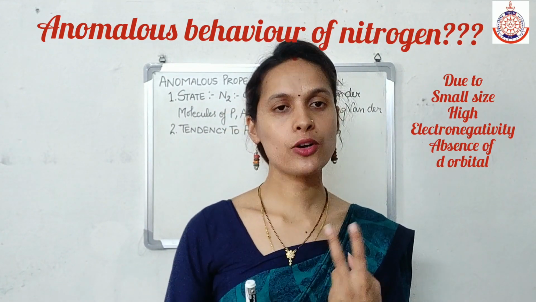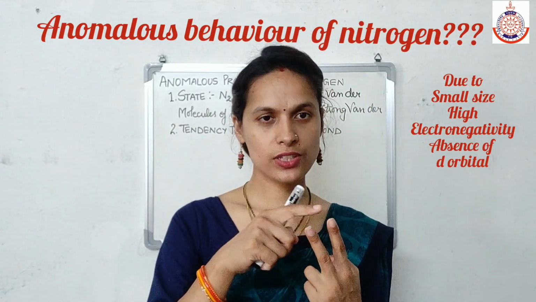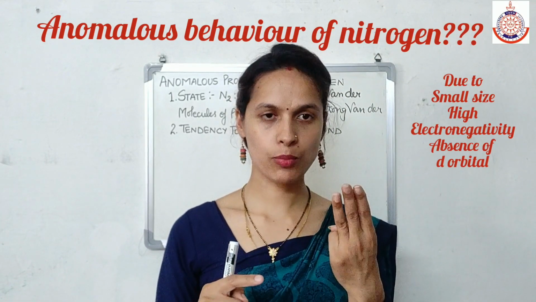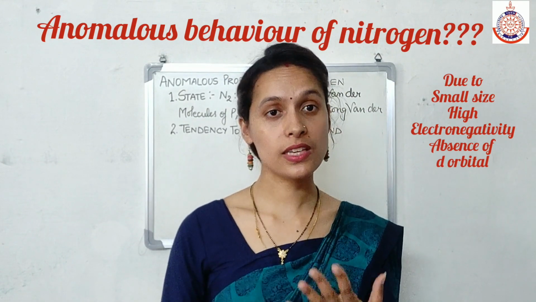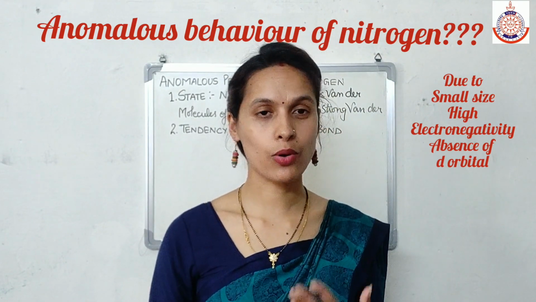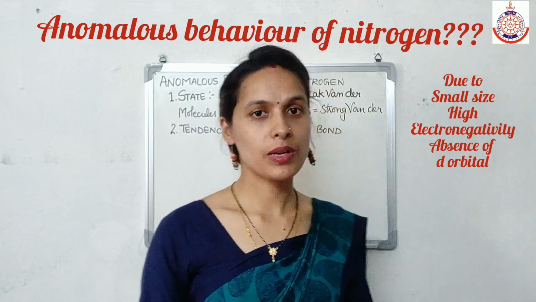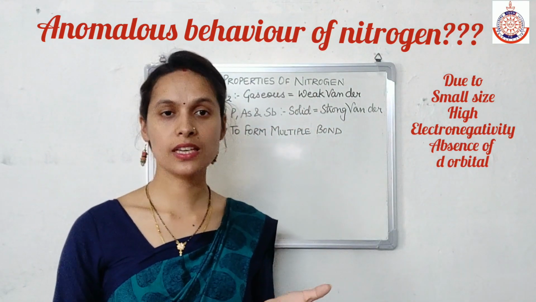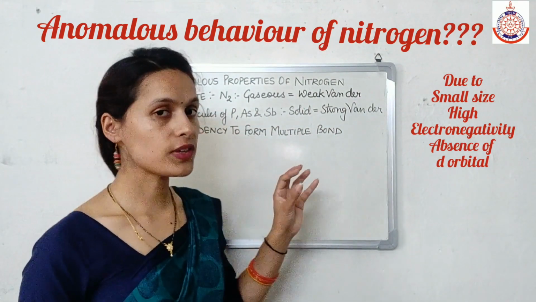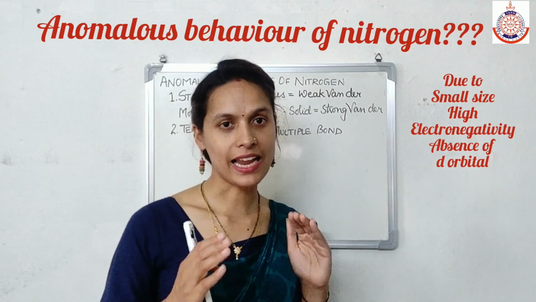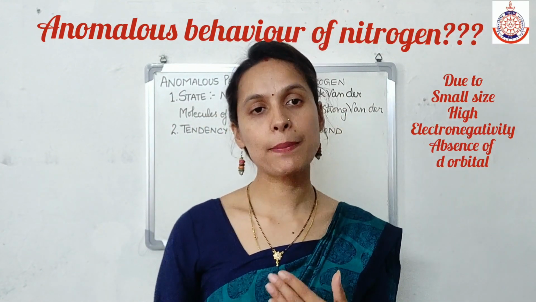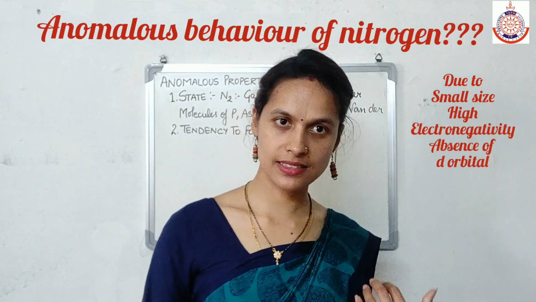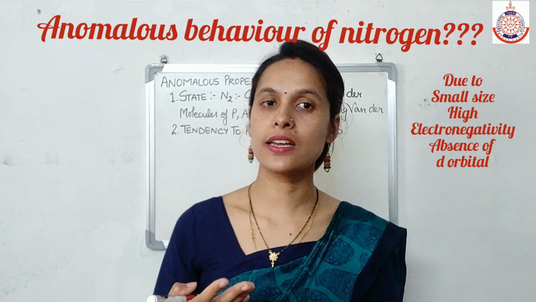Means if I talk about two nitrogen, in between two nitrogen we have 3 bonds, means we have multiple bonds. But in phosphorus we don't have multiple bonds, we have a single bond. Similarly, in arsenic also we have single bond. So because of its small size and high electronegativity, nitrogen has a strong affinity to form p-pi multiple bonds with itself as well as with the other elements.